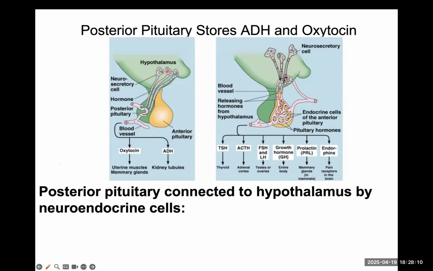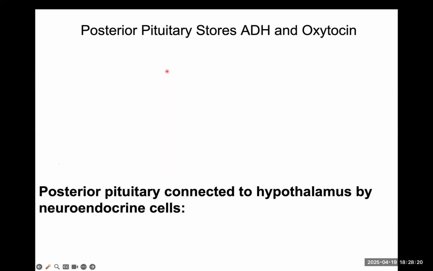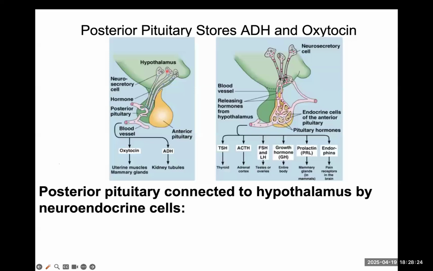They're coming down, and it's on the opposite side. Before, the posterior pituitary was on the right side. Now the posterior pituitary is on the left side. I'm talking about this picture here because it's showing the other side now, so don't let that throw you off. You see that it's connected to the hypothalamus using the neuroendocrine cells, and that's how the hypothalamus talks to the posterior pituitary, and that's why it's called neurohypophysis.